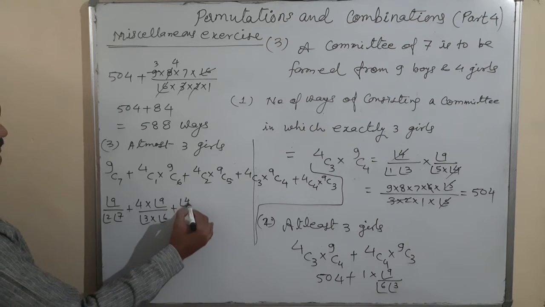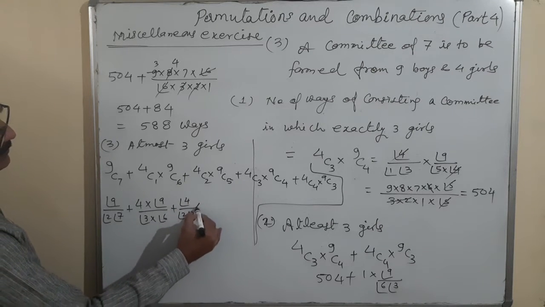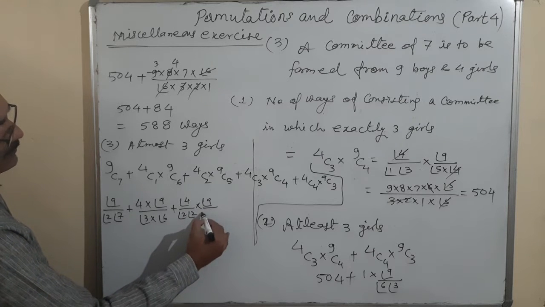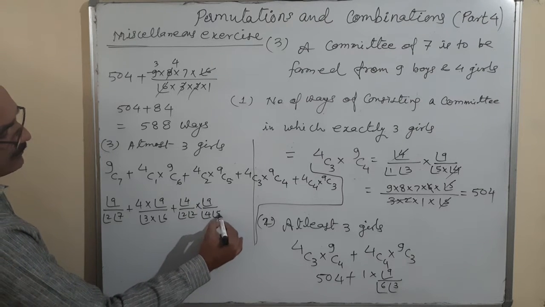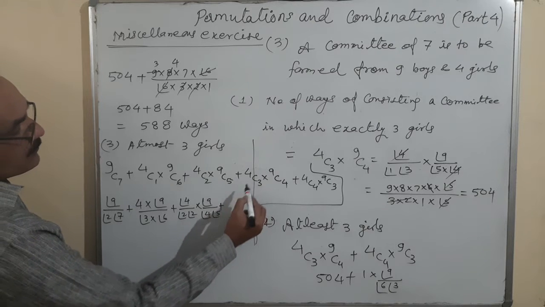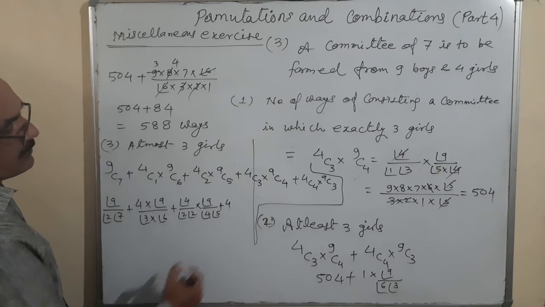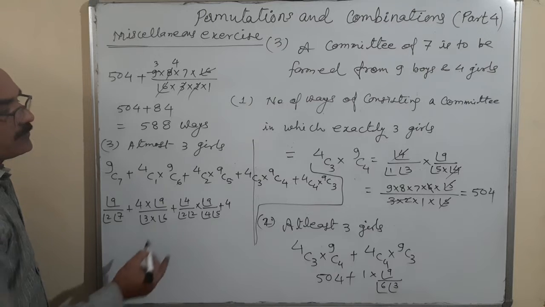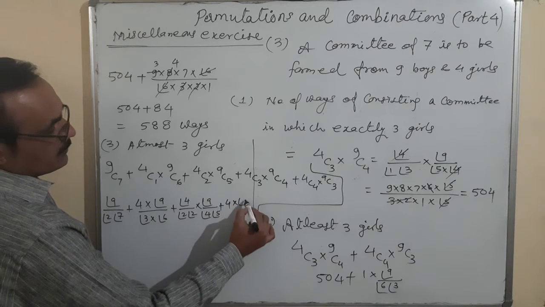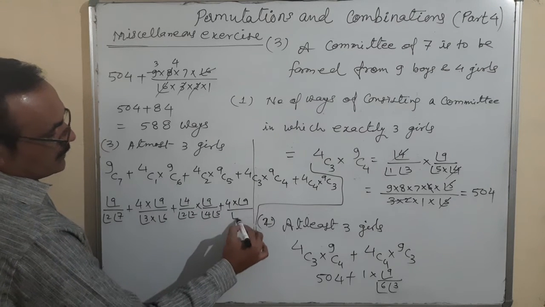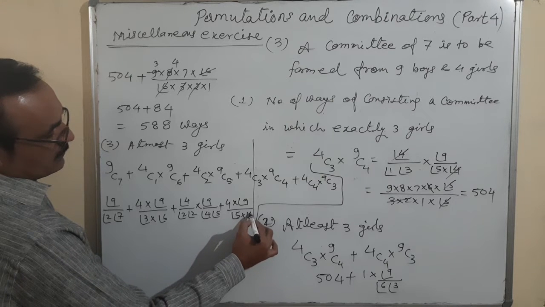4C2 is factorial 4 upon factorial 2 into factorial 2. 9C5 is factorial 9 upon factorial 9 minus 5, that is factorial 4, and factorial 5, plus 4C3, that is again 4, 3 minus 1, 4, into 9C4, factorial 9 upon factorial 5 into factorial 4.